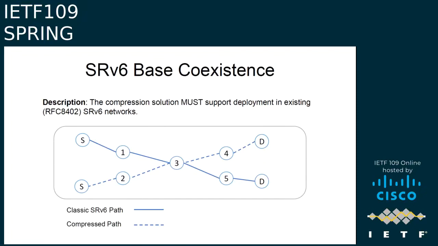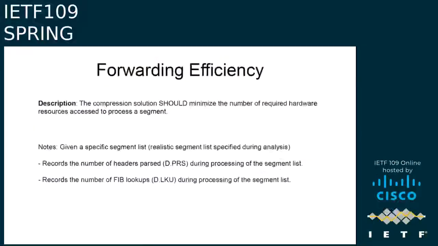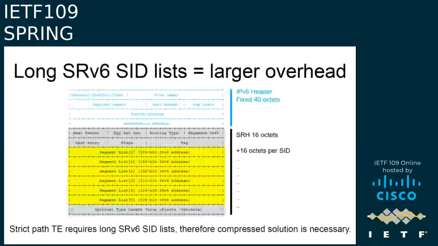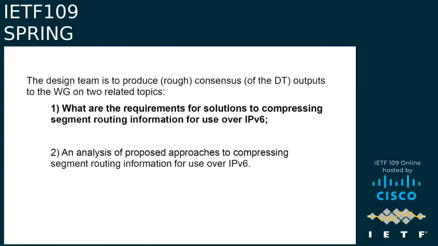Here, Ron, one comment here from Jim is, it seems to me that we're here to work on requirements for what needs to be compressed. And if the design team makes a decision that, well, it's really the SRH that needs to be compressed, there's no other thing out there, whether deployed or not, that needs to be compressed, then clearly that's where you would focus.